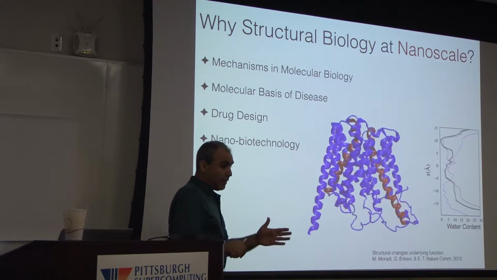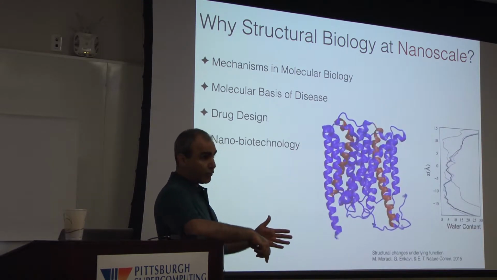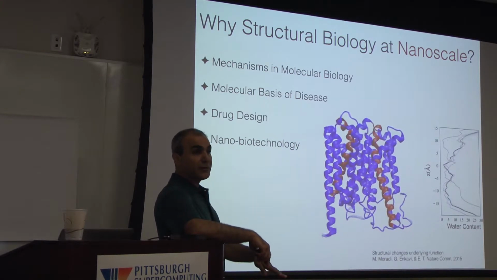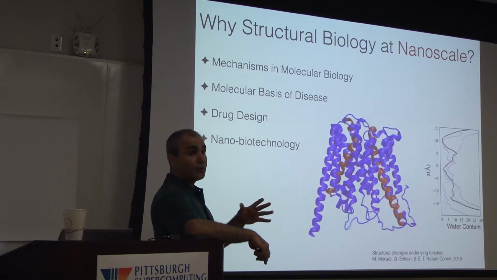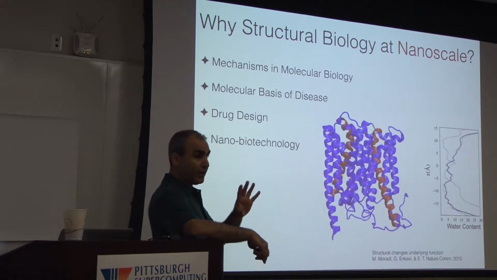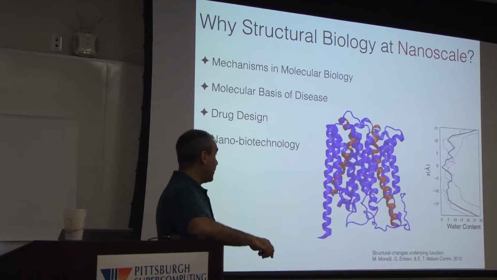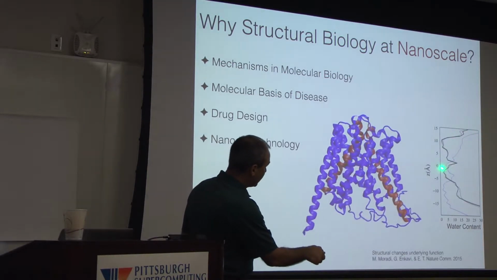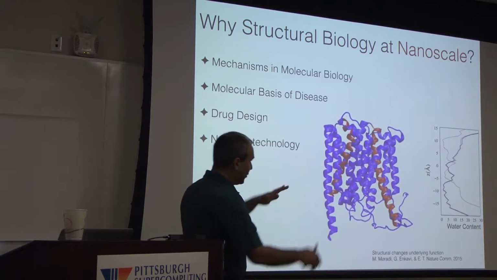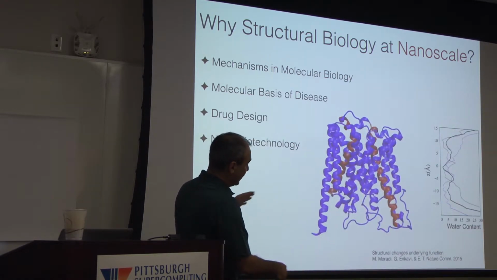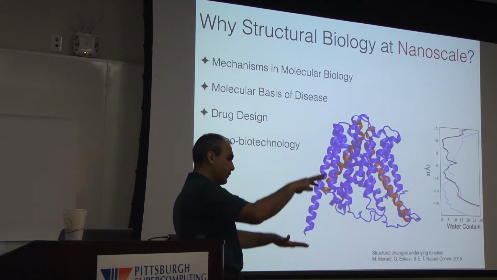So VMD is not just a visualization program. It has a very powerful scripting and set of commands that allows you to put together really nice and very fast analysis. So here, for example, we are looking at the water content. You see the blue one is for one state, the red one for the opposite state, and the black one is actually the evolution as you go from one state to the other one.